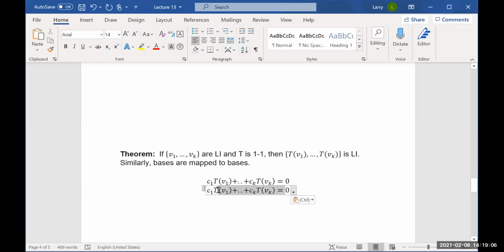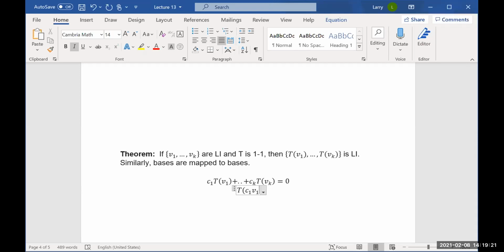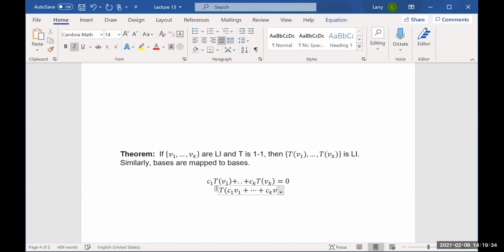We can write T of c1 v1 plus T of c2 v2, and then T of ck vk.